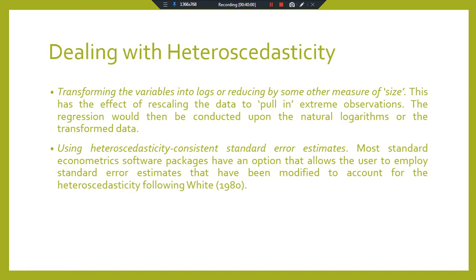You have the White test which is best known for removal of the heteroscedasticity, and this is available in eViews. We have to practice it in our eViews session when we conduct an eViews session of heteroscedasticity.